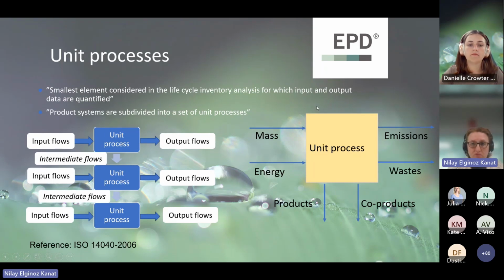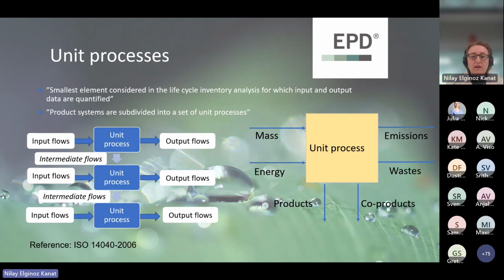And for each unit process, you have the mass input, for example the chemicals or the wood you use, and then energy, which might be heat energy or electricity. And from each unit process, you will have emissions and waste, and you should know where those wastes go, for example if it goes to landfill or incineration and so on. And from these unit processes, you might have products and co-products and sometimes even byproducts.